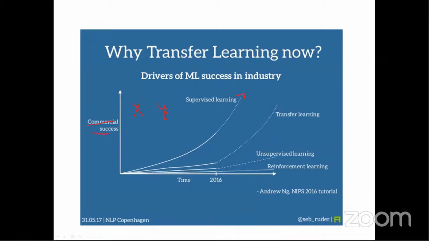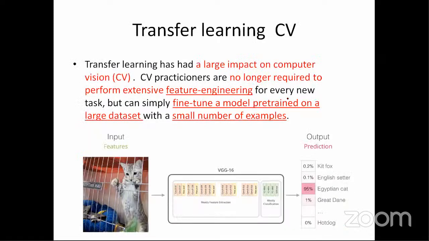When you want to build a system, people will definitely go for supervised learning models. Transfer learning comes in between unsupervised and supervised learning. Even though you don't have much supervised data, you can make use of the earlier learned values and build a transfer learning model.